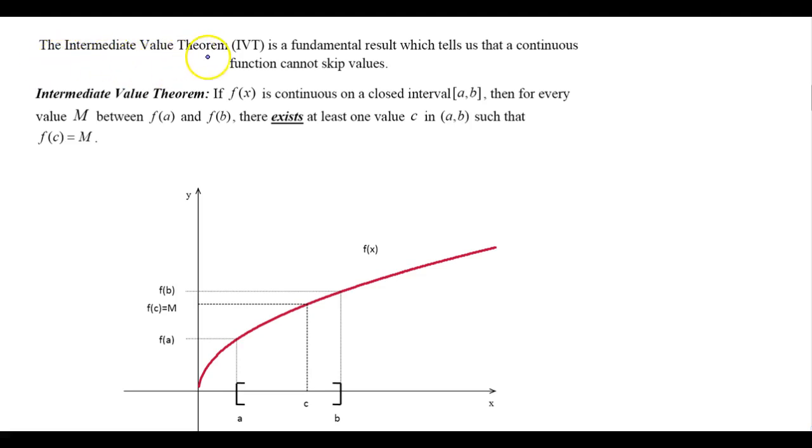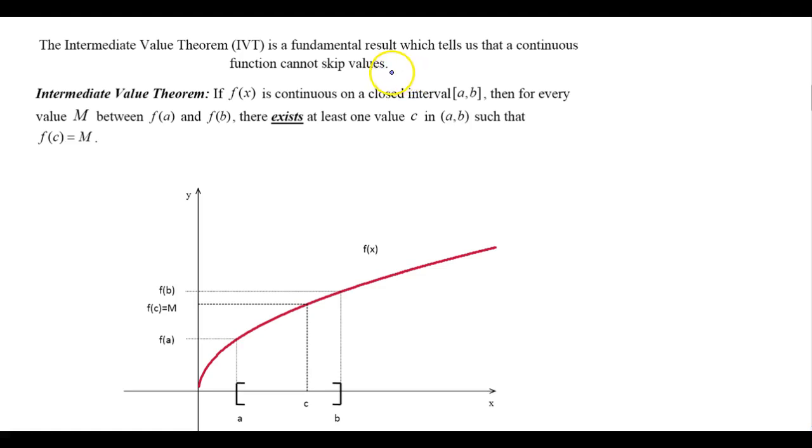The intermediate value theorem, or IVT, is a fundamental result which tells us that a continuous function cannot skip values. So in the previous example, it should be noted that speed is a continuous function, and that's why we couldn't skip going 25 miles an hour if at some point we were at 0 and we ended up at 45. There's no way we could skip 25 or really any number in between for that matter because speed is a continuous function.